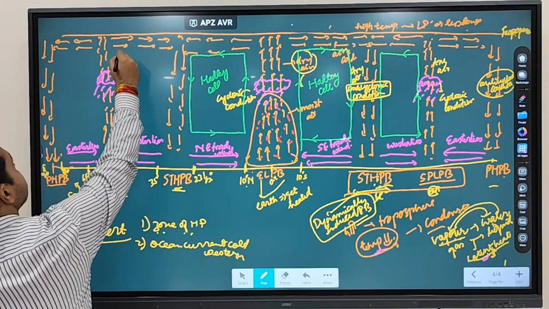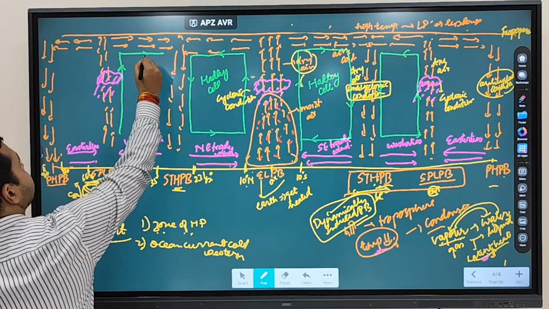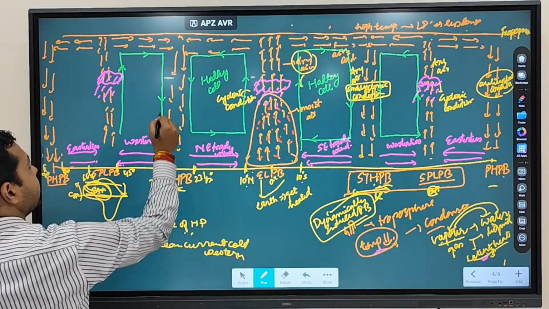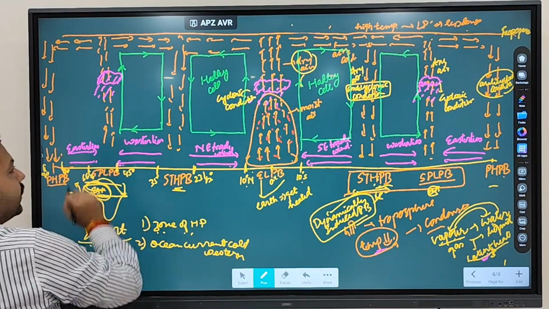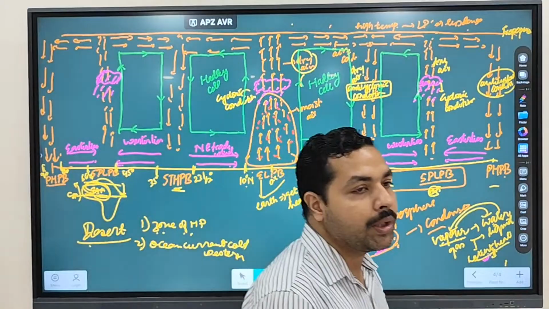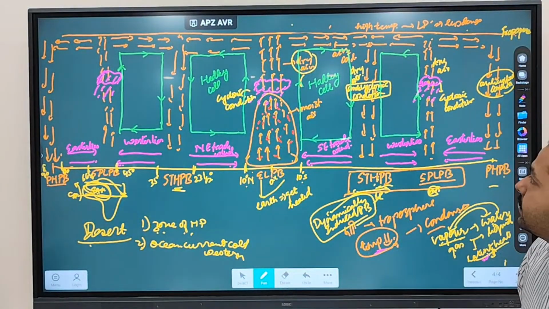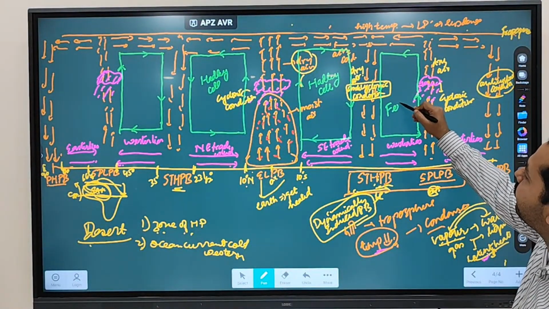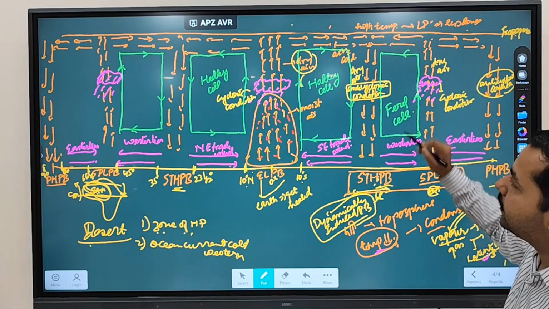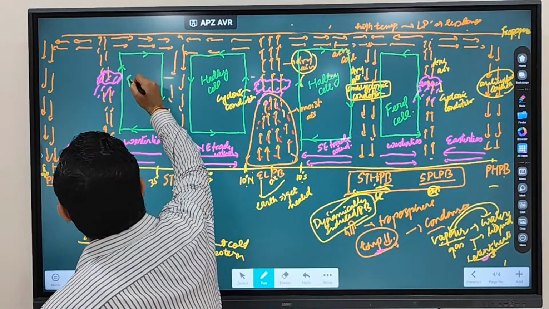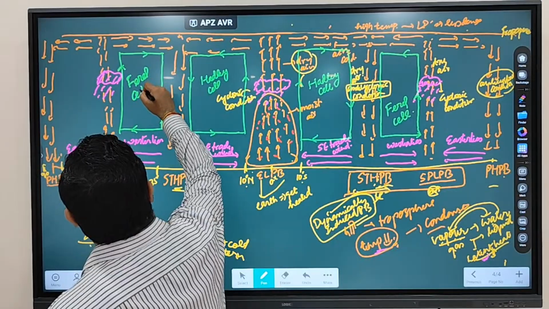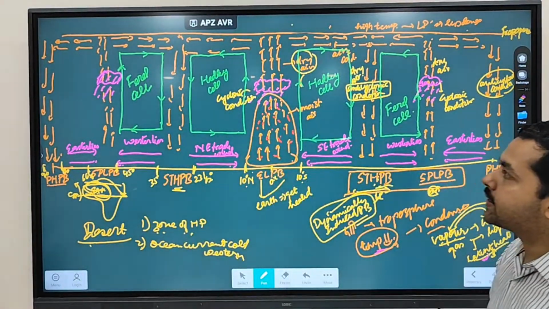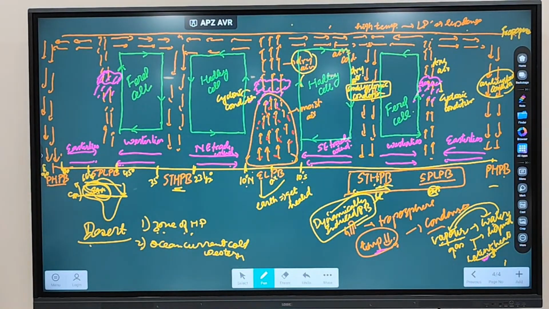So this is also forming a complete cell. And this cell is referred to as what? This cell is referred to as a Ferrel cell. So one cell is Hadley cell, the second cell is called a Ferrel cell.